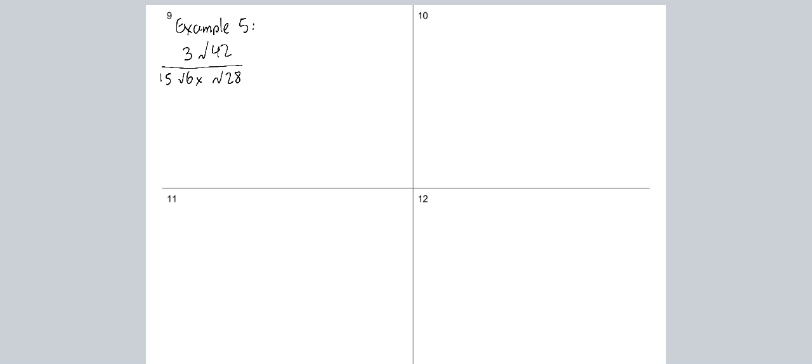So root 42, is there a number, a square number that will go into 42? Is there a square number that will go into 28? That kind of question. There may or may not be, but that may be a good first step. But looking at it, I can sort of see already that I know that 6 goes into 42, right? How many times does 6 go into 42?